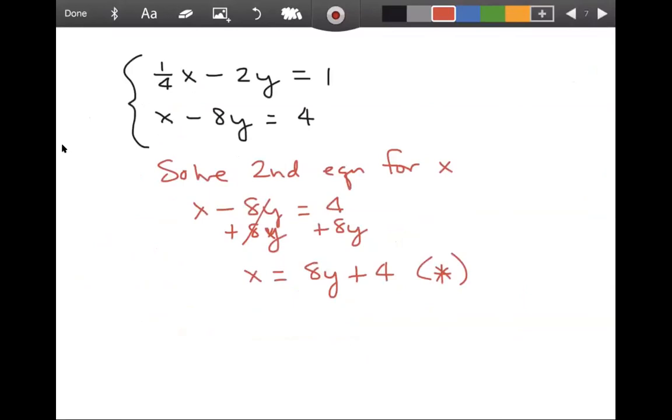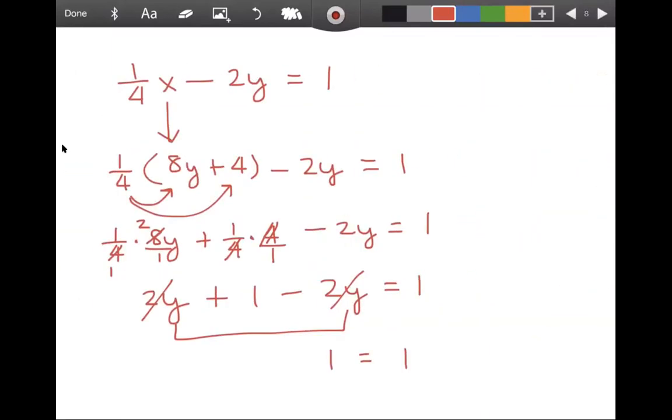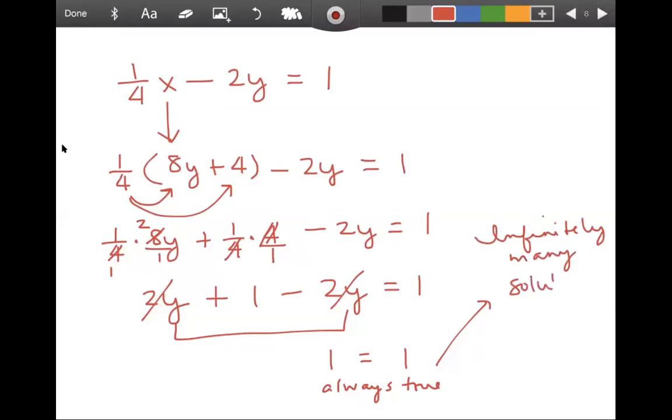If you were to graph these lines, the lines would be identical. So remember, this is when the equation is always true. That means there are infinitely many solutions. All right, and that's all there is to say about that.